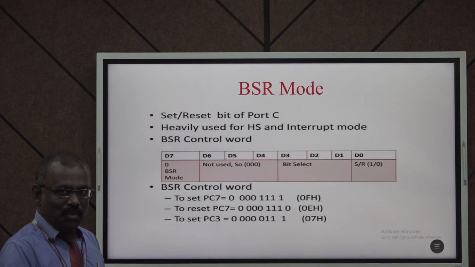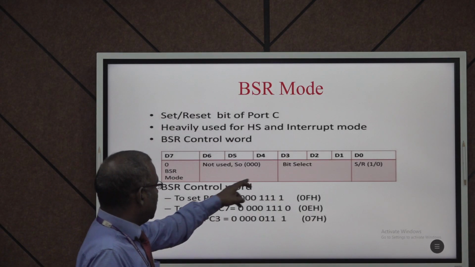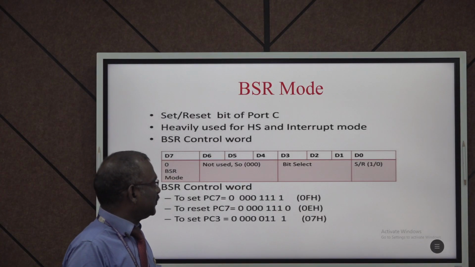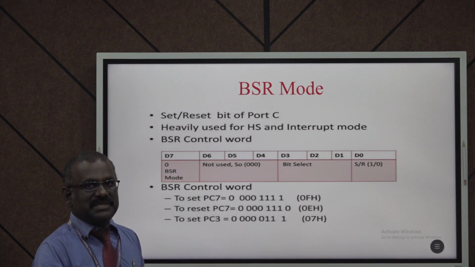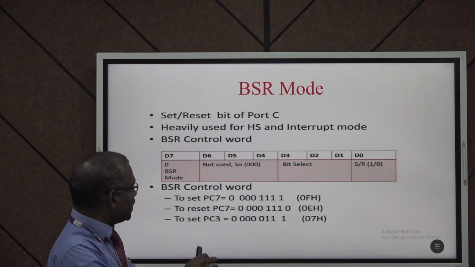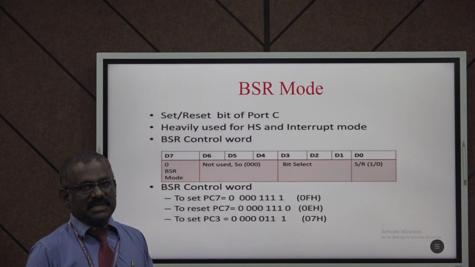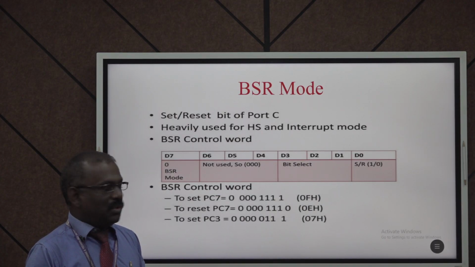To select any one pin in port C, we can use the bit select signals D1, D2, D3. If all the bits are 0, it will select the PC0 pin. If all the bits are 1 in D1, D2 and D3, it will select PC7. Like that, we can select any one pin in port C.